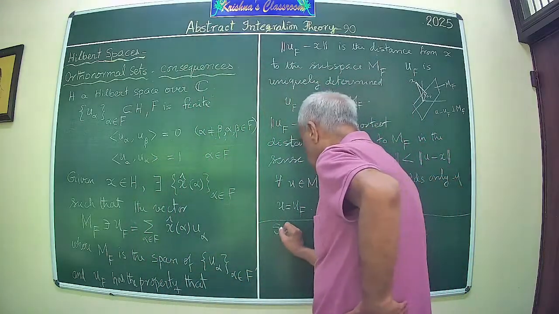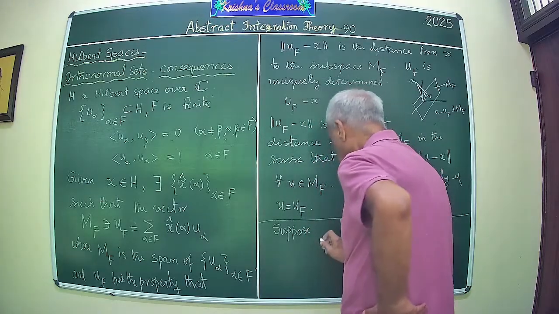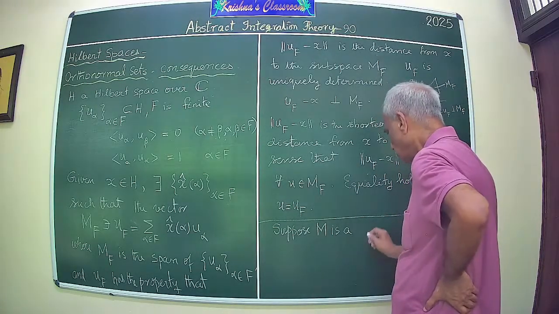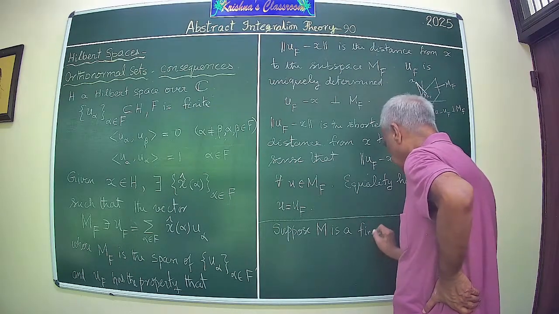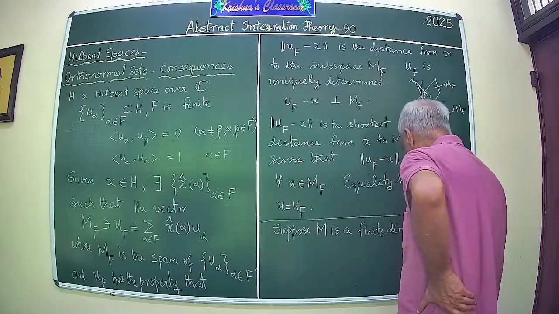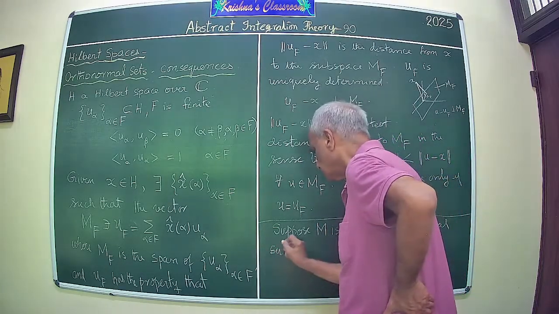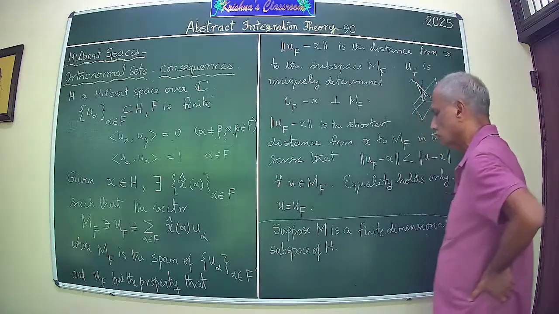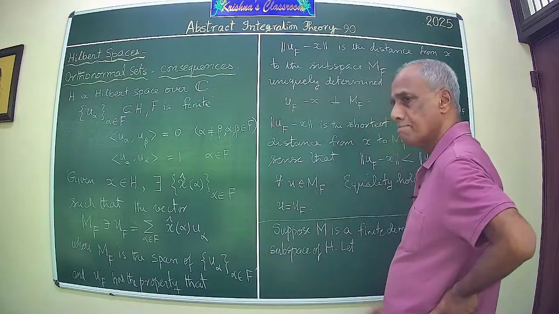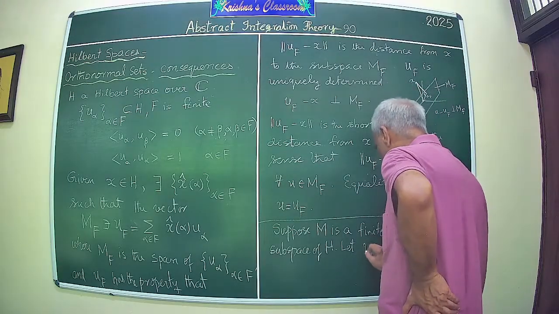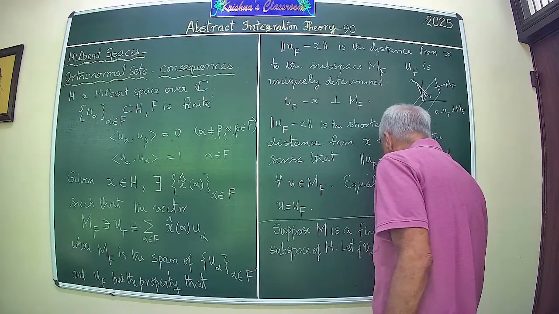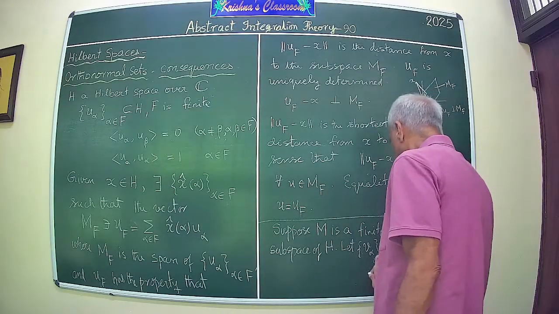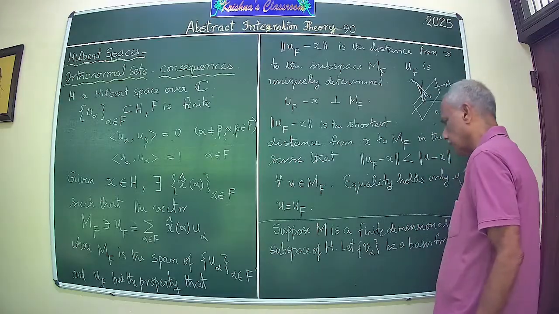Suppose M is a finite dimensional subspace of H. Let U alpha be a basis for M.